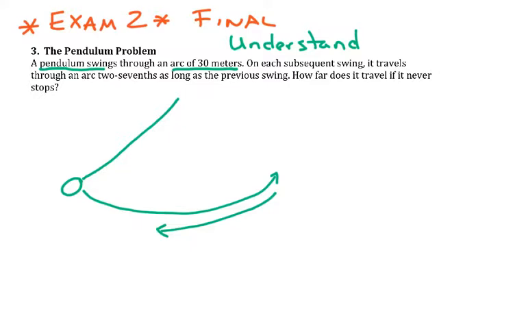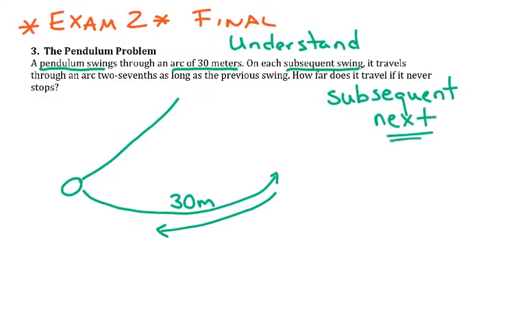So on its first trip, it went 30 meters. On each subsequent swing, what is a subsequent swing? That just means next, doesn't it? On each of the following swings, it travels through an arc 2/7 as long as the previous swing.